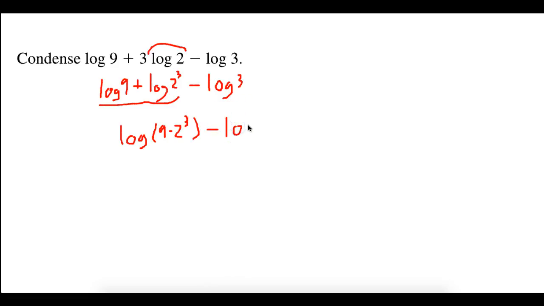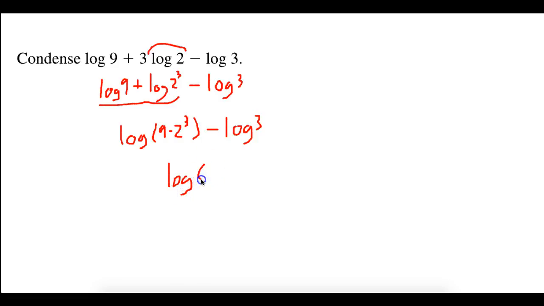So see what we're doing? Each step, we're just condensing two parts of our expression. So for this last part, you probably imagine, now that we are subtracting two logs, we can use our quotient property and combine those into just one.